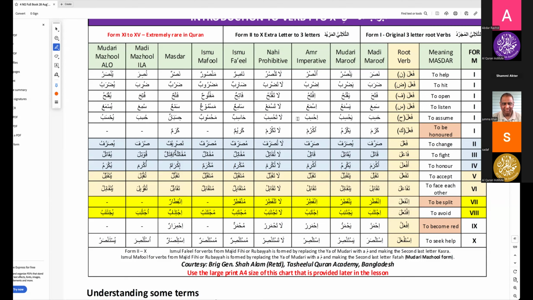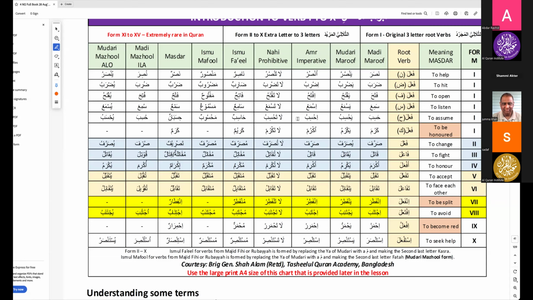But to substantiate that, look at form 9 and form 7. What's the meaning here? To be split, in fatara. It means it became split, a passive meaning, although it's not a majhul form. The meaning is passive.